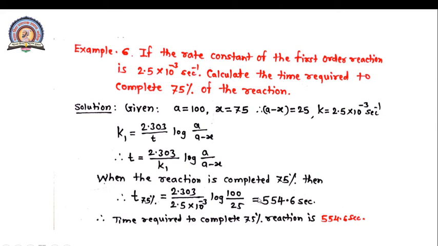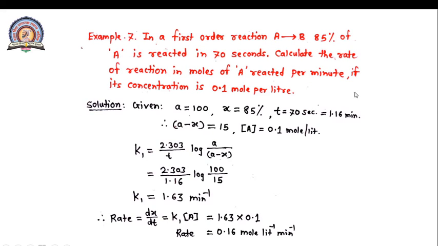Solve this whole term, and its value becomes 554.6 seconds. Hence the time required to complete 75% reaction is 554.6 seconds.